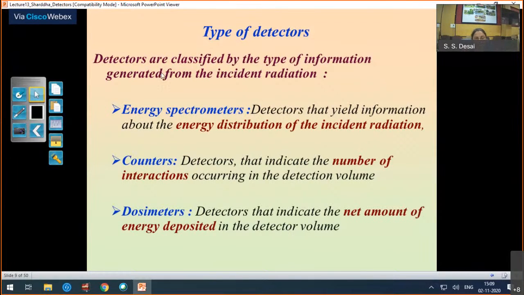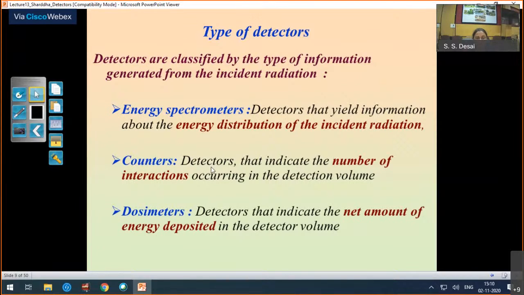Whatever output we get from a detector can give us three different types of information. Either it can reflect the complete energy of the incident radiation, which is only possible for direct ionizing detectors or photoelectric effect, like for X-ray or gamma, but not for neutrons.